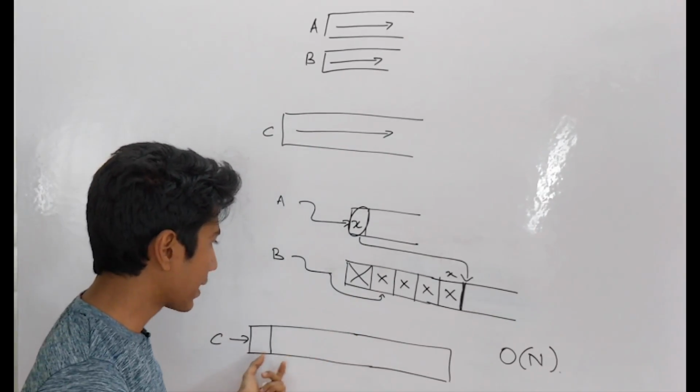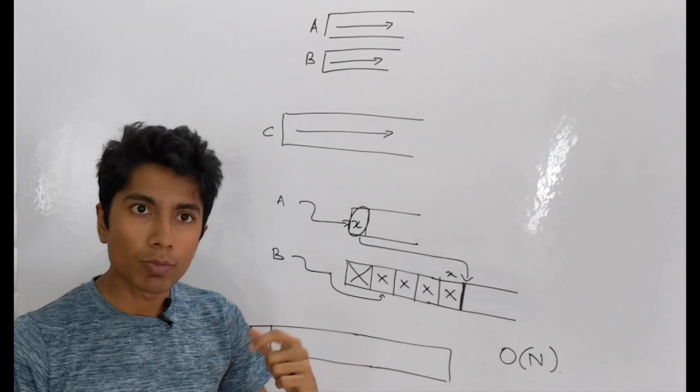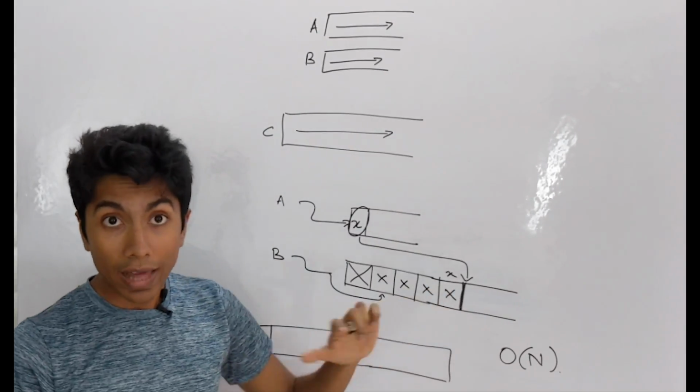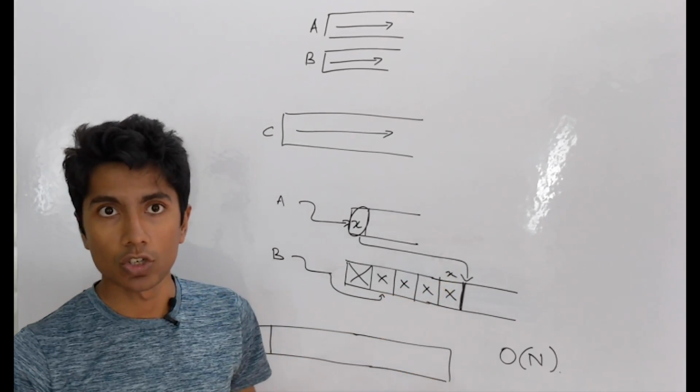It would still require the assignment, it would still require copies, but copying is much cheaper than a comparison operation. So a lot of comparisons would have been saved had we used this procedure.